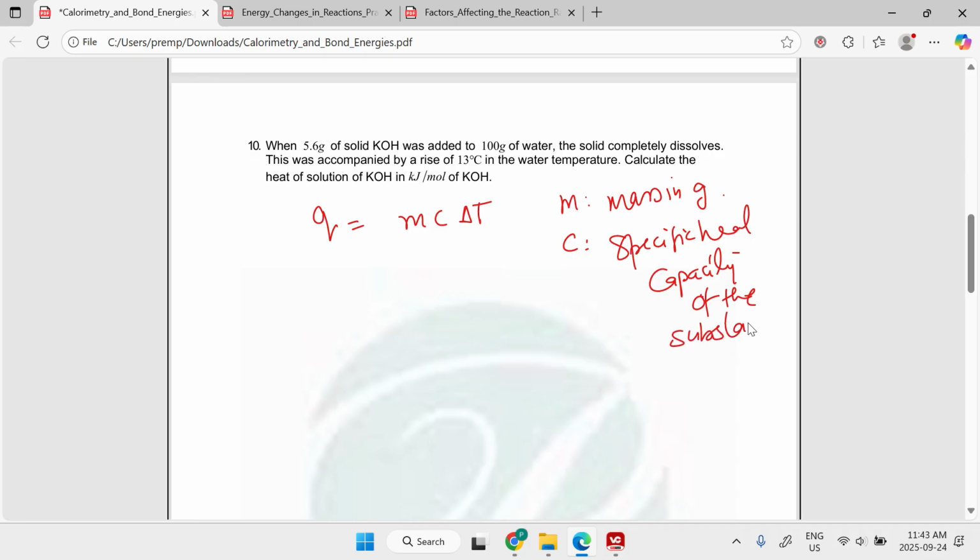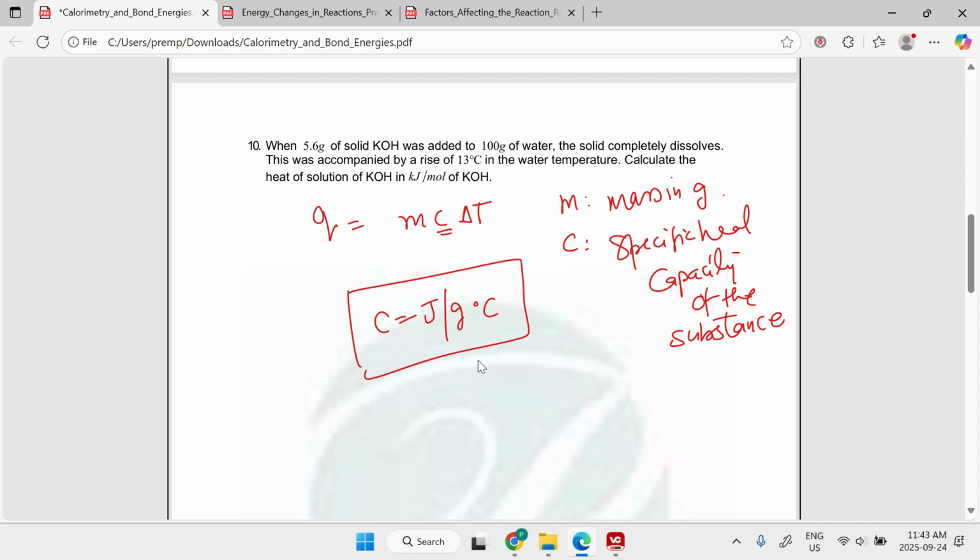What is the meaning of specific heat capacity of a substance? It is the amount of energy needed to raise the temperature of 1 gram of that substance by 1 degree centigrade. So that is called C. The units for C are joule per gram per degree centigrade.